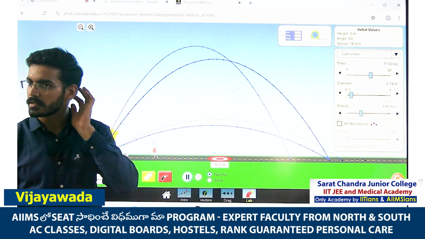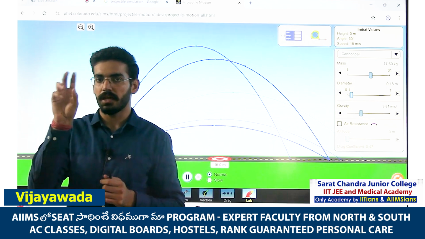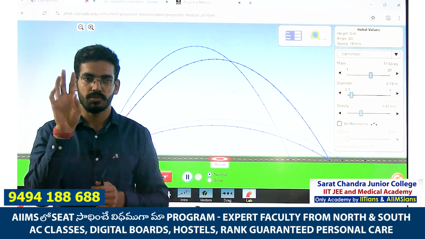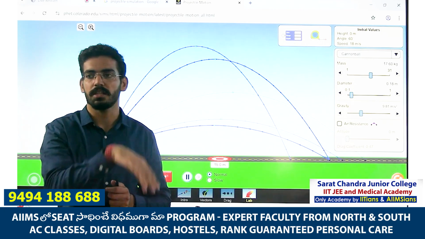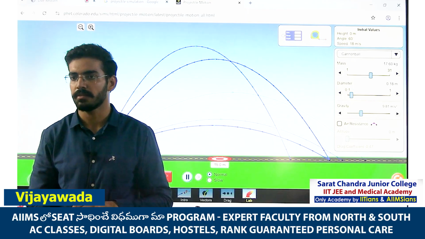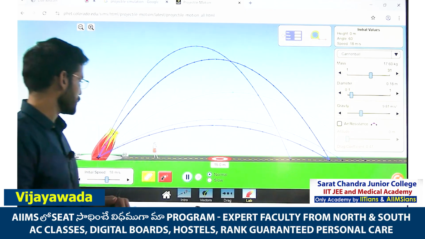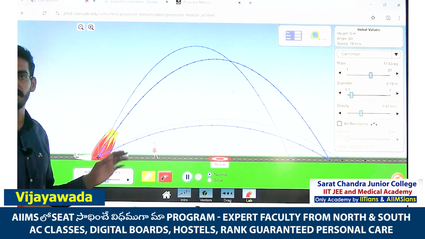Why? Complementary angle, okay, because in the range formula, what you have is 2u square sin theta cos theta. Sin theta is replaced with cos theta and cos theta is replaced with sin theta, okay, understood? Like that it comes. That's why. So if the angles are complementary of each other, one is theta, one is 90 minus theta.